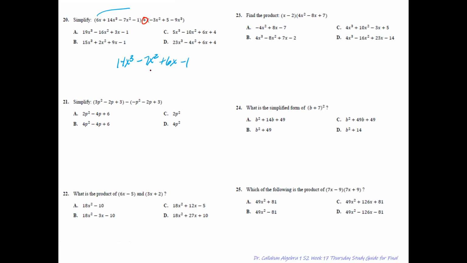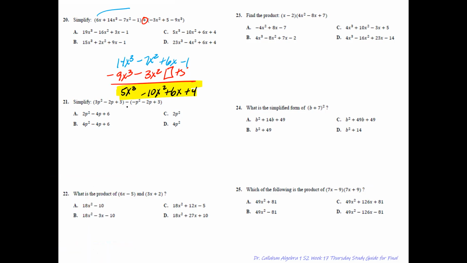So we're just going to put a minus 3x squared minus 9x cubed and a plus 5. Keep in mind, this is just a blank right there. 14 minus 9 is 5x cubed, minus 10x squared, plus 6x, plus 4. And this right here is your answer. So is it A, B, C, or D?